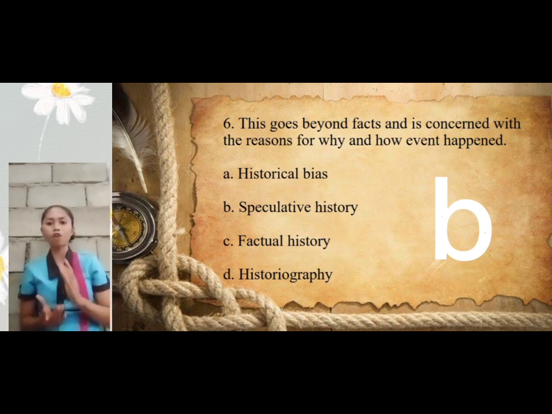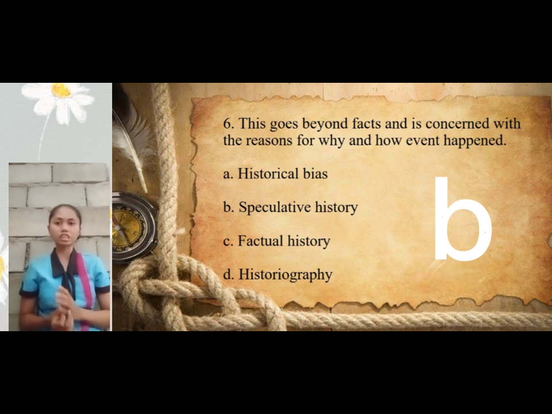It goes beyond facts because it is concerned about the reasons why events happened, and the way they happened, or how. So the answer of number 6 is letter B, speculative history.